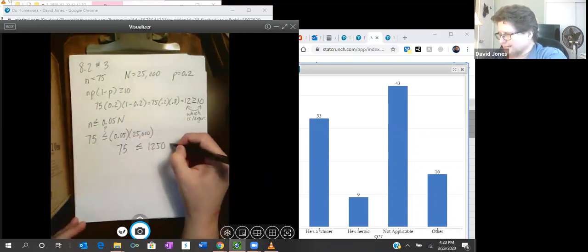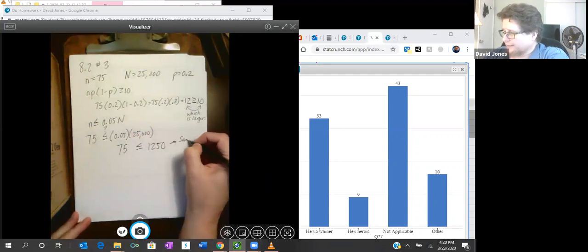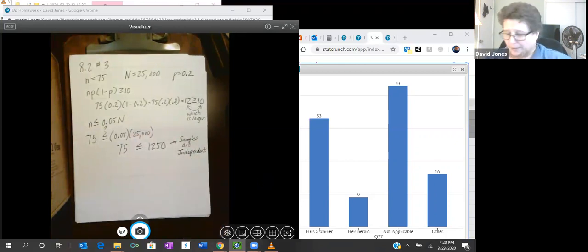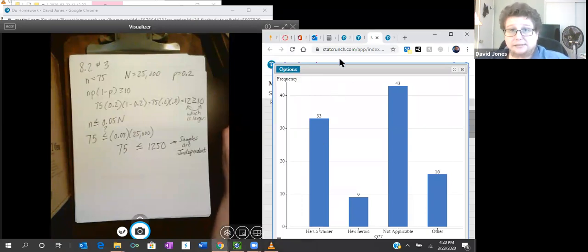This gives us that the samples are independent. Or should be, if we do enough samples like that. There's no reason to think we're going to have a big overlap. And so we meet both of the criteria. That means this is going to have approximately a normal distribution when we look at a probability distribution.